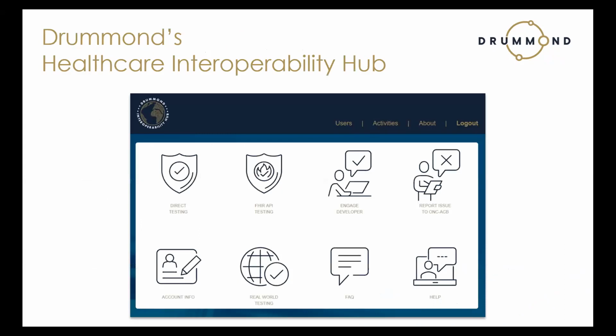I do want to highlight here, it's emerging technology. We're finishing this up for ONC, but we have developed a healthcare interoperability hub used largely to support surveillance-based activities to determine that connectivity is actually in working order and exists. It does have direct messaging, CCDA, FHIR server, and API client test tools built into it, in addition to some other helpful information in terms of surveillance and real-world interoperability.